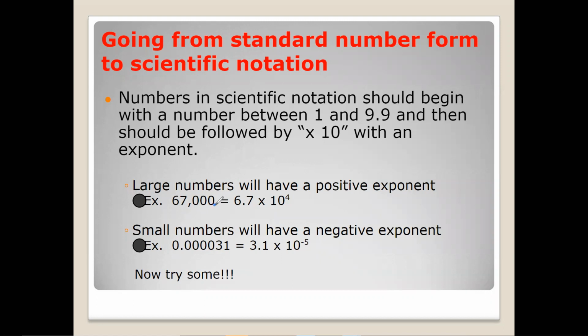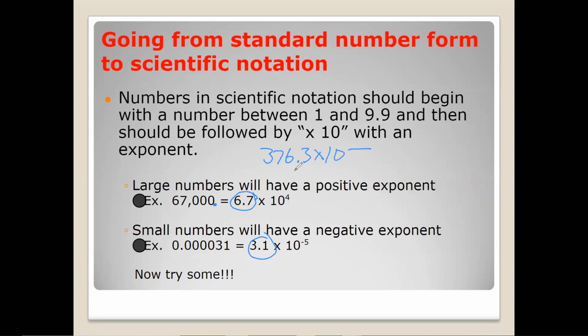You know there's an implied decimal right there, and you are going to move that decimal to create a number in scientific notation. Now, the rules for how to do that: you want this number to be somewhere between 1 and 9.9. I don't want to see some answer like 376.3 times 10 to the whatever.